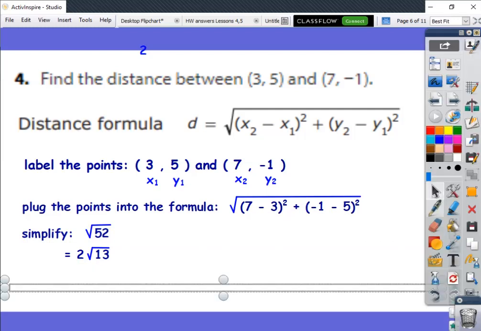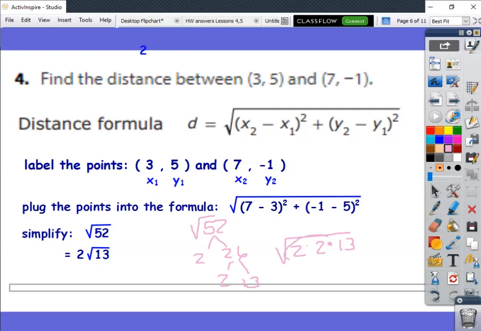Quick example on how to simplify the square root of 52. Again, I'm going to do a prime factorization. So if I have square root of 52, I'm going to separate that as 2 times 26, which breaks down to 2 times 13, which gives me the square root of 2 times 2 times 13.